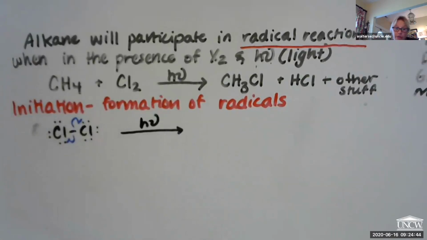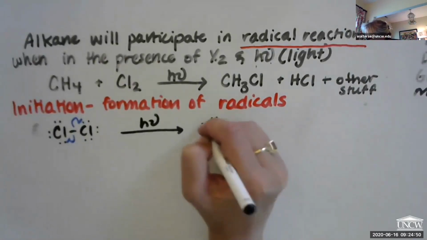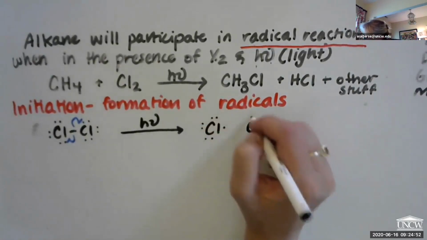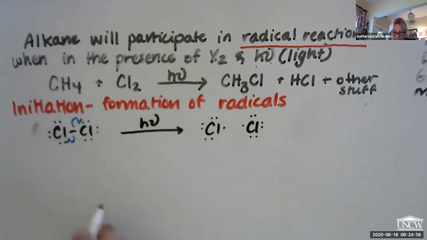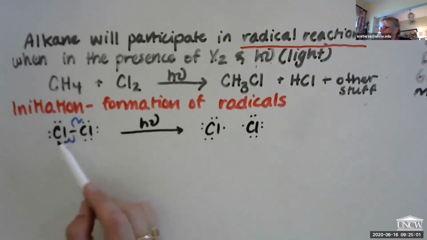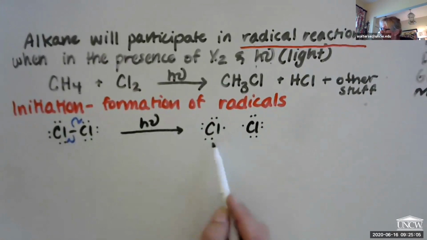So one electron goes to the chlorine on the left, one goes to the chlorine on the right, and then you make the neutral chlorine radicals. If this was bromine, you would have diatomic bromine, a wavelength of light, and formation of two bromine radicals.